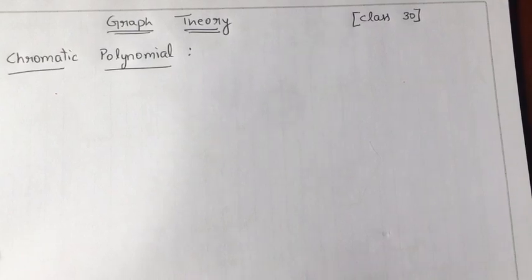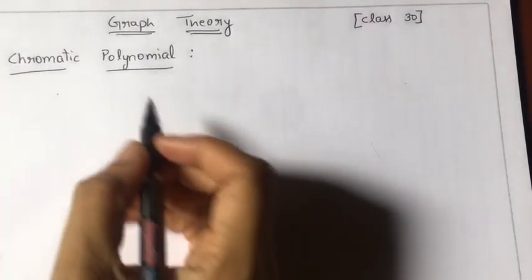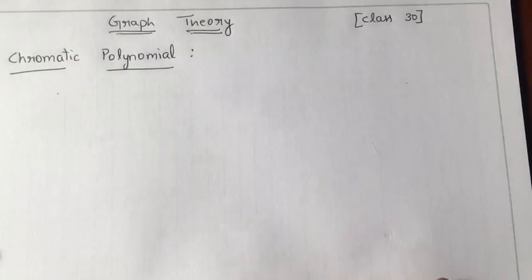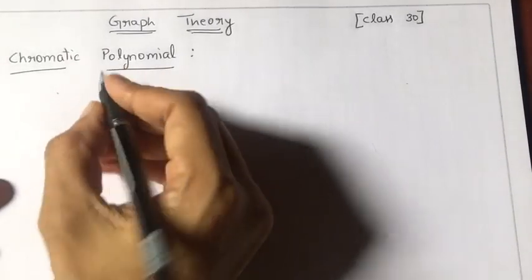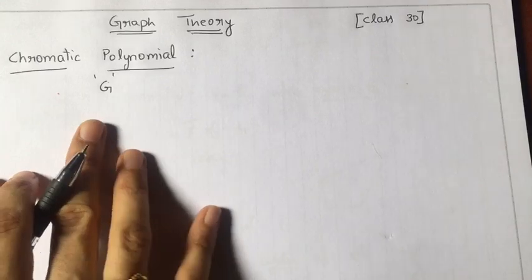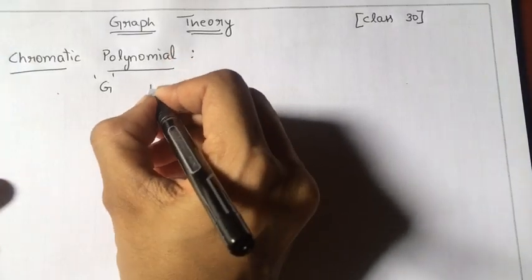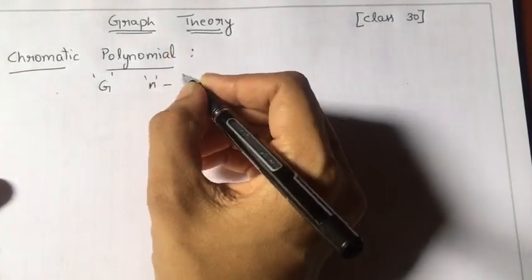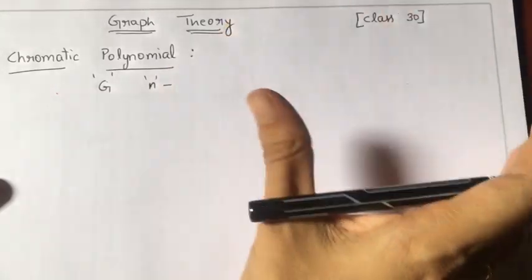In this class, let us learn what is chromatic polynomial. A given graph G of n vertices can be properly colored in many different ways using sufficiently many colors.